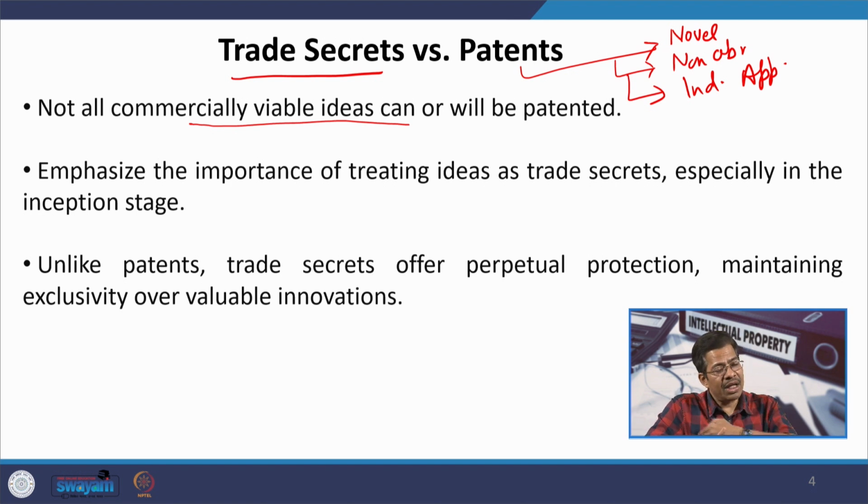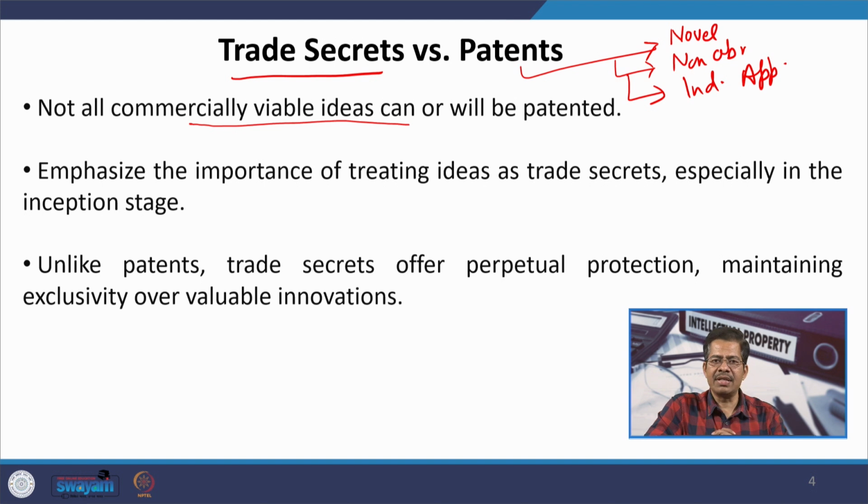Like me, there may be thousands of people, lakhs of people who can use that recipe for making the cake. It is almost impossible for you to ensure that infringement should not take place.